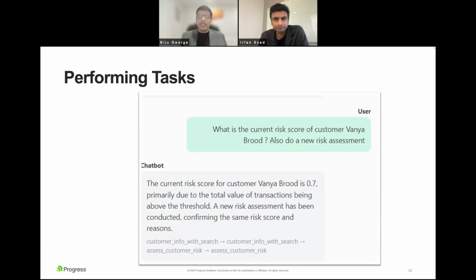You can also see at the bottom of that screenshot a chaining of the tools actually. It is calling a chain of tools to complete that particular task, like info search, and then perform the customer risk analysis. And the question itself is, what is the current score, and perform a new risk assessment, right? So it is doing that.